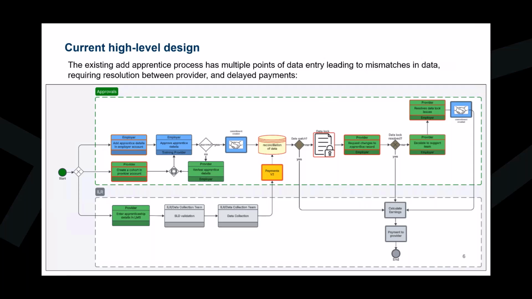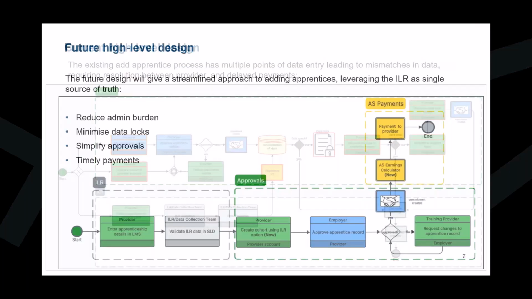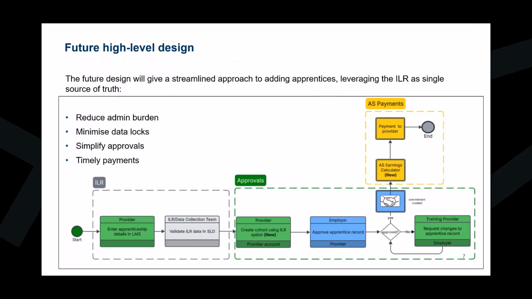Next slide, please. Okay, so to simplify the current process, based on the feedback that we've had from users as well, we've been implementing changes to the current service design for new starts that streamline the creation of apprentice requests, and the new approach is provider-led. It utilizes the individual learner record data submitted to the DfE as a single source of truth, with the approval process remaining unchanged.